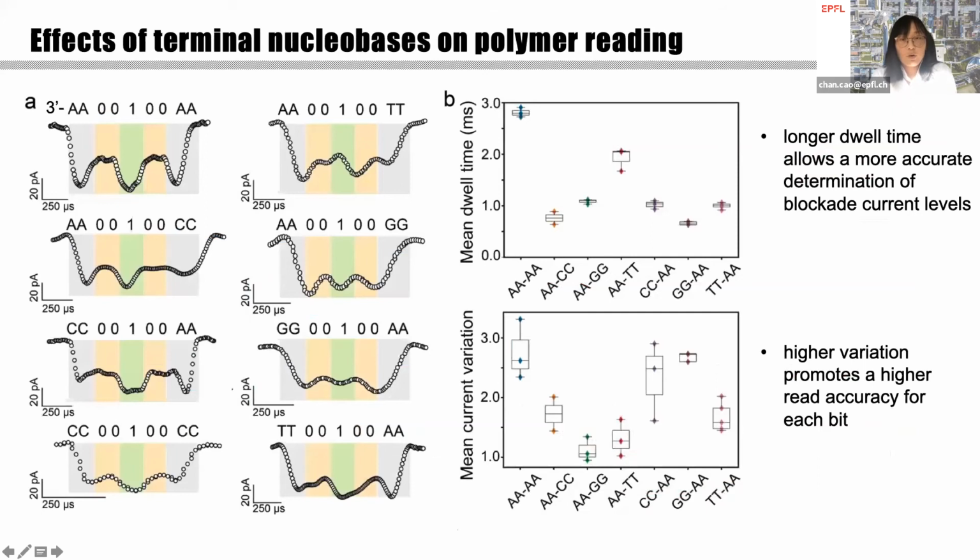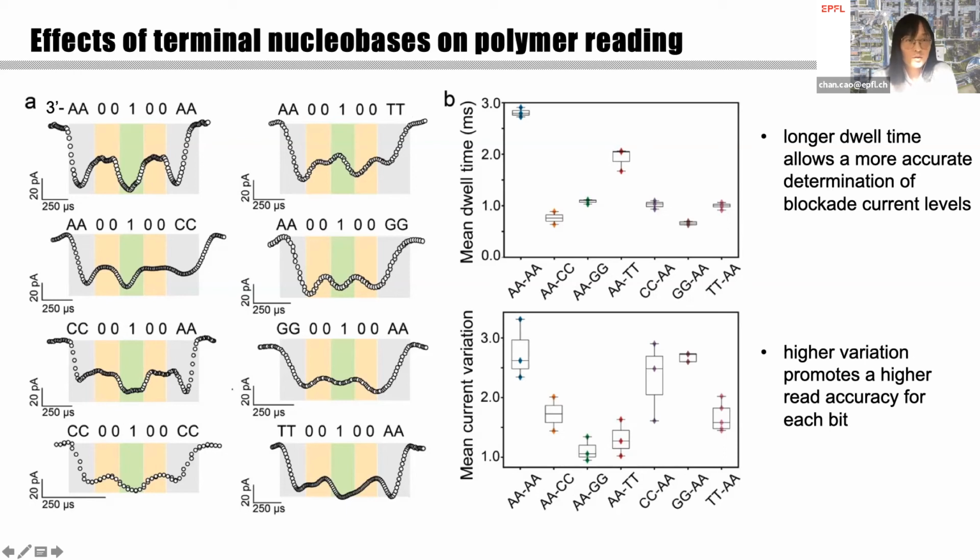So next, to optimize the polymer design and further understand the influence of the terminal nucleobase on decoding, a series of polymers were made which replace the terminals with different nucleobases at different positions, G and T having been tested.